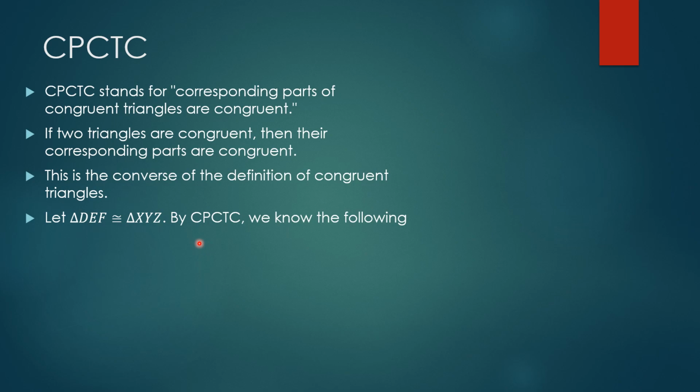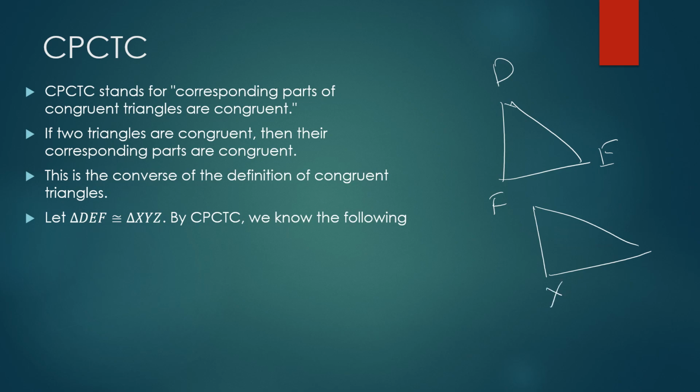So if we have two triangles, DEF and XYZ, for example, and we already know that these two triangles are congruent, then we already know that line segment DE is congruent to line segment XY.